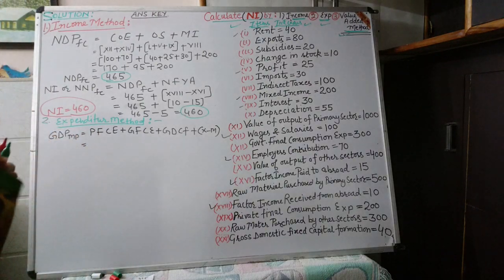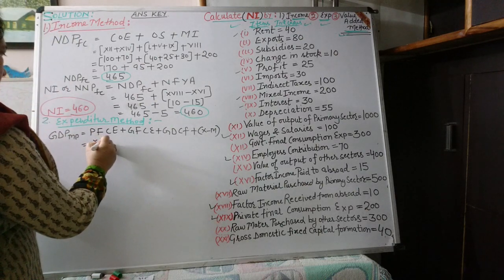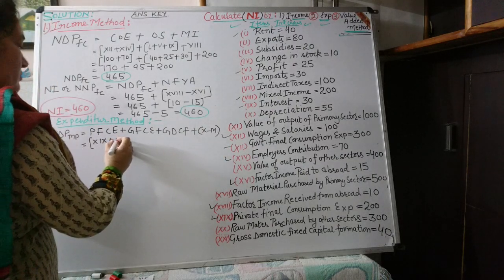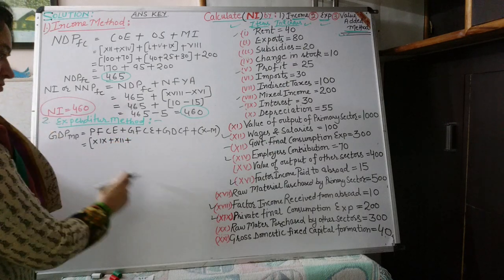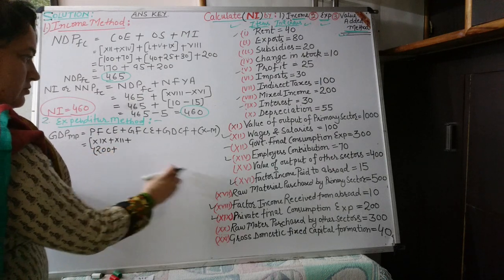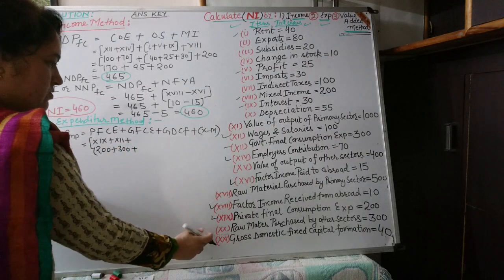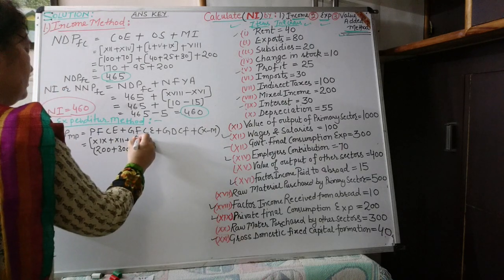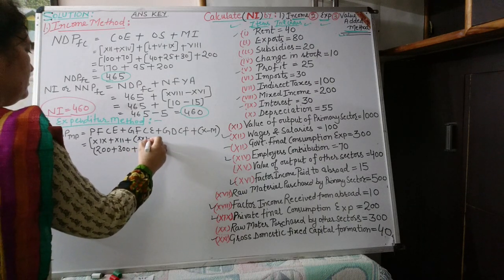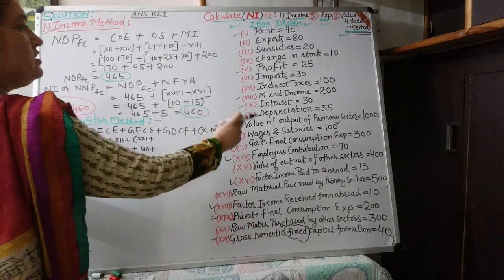Private final consumption expenditure, item number 19, plus government final consumption expenditure, item number 12, 200 plus 300 plus gross domestic fixed capital formation 40, plus change in stock, because fixed capital formation is given, so we will add change in stock in it.